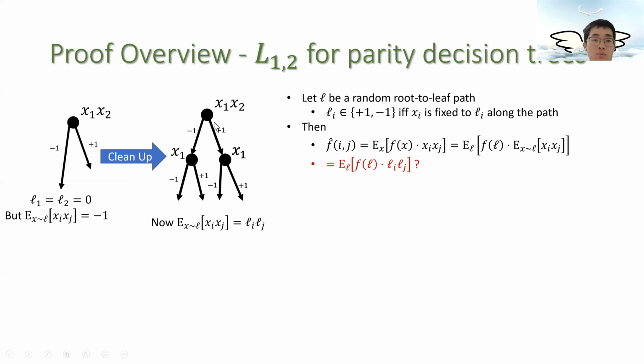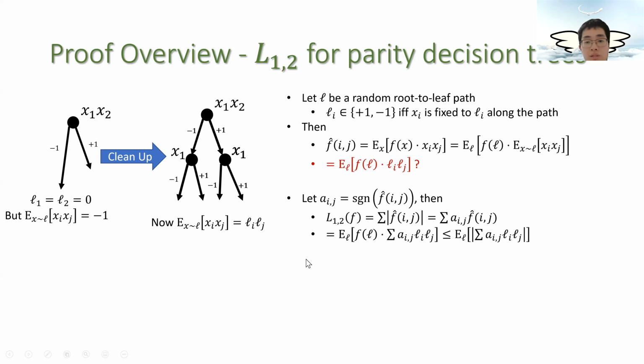That is, whenever we have a parity at hand, we will query one of them to make sure the equality holds. For example, after we query the product of x1 and x2, we will query x1 immediately, so that the expectation of the product xi xj equals Li times Lj. And using this, we can break the correlation.